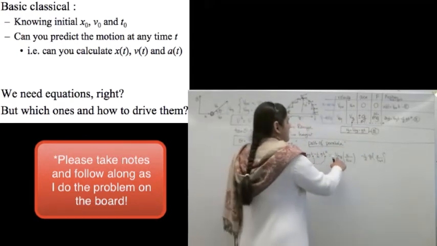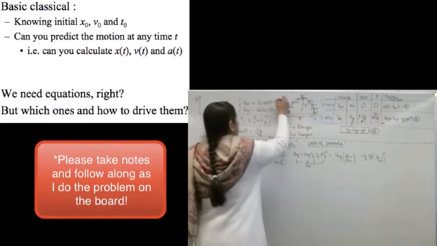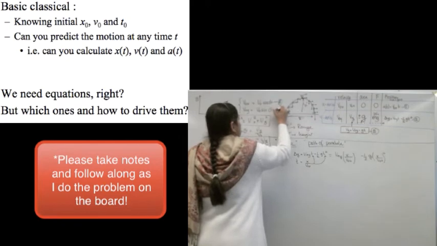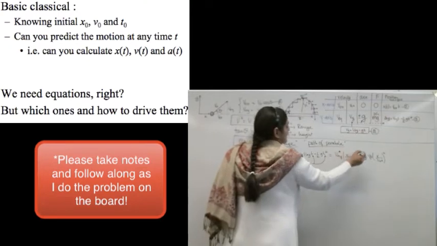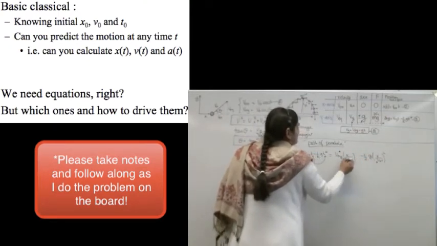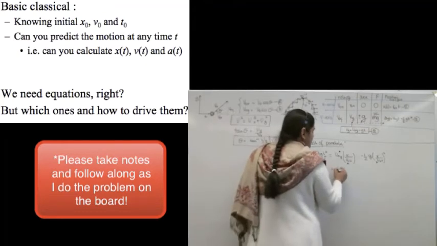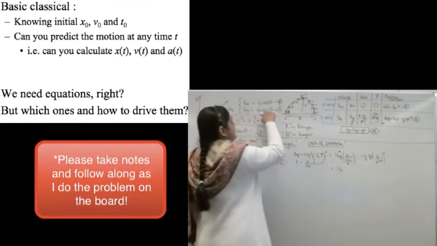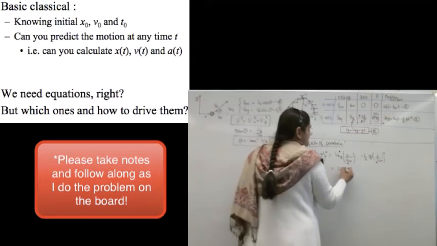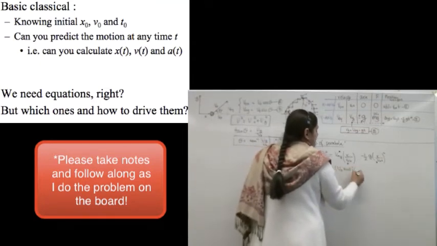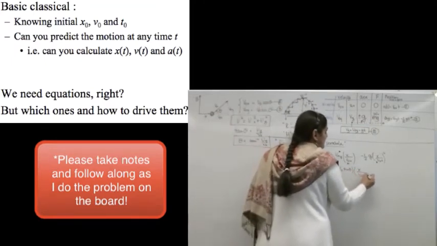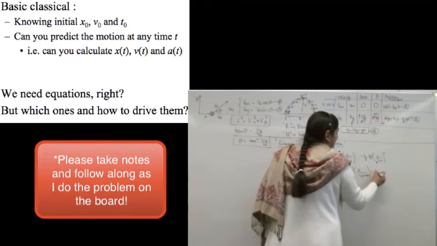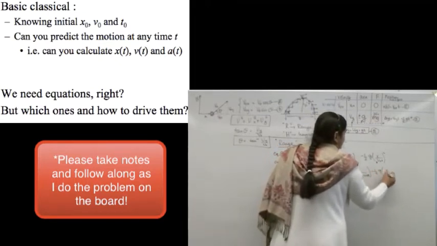Okay? Then I can use my equation A and equation B over here and plug those into this expression and that expression and that expression. Which gives me v0y is this. So v0y will be v0 sine theta times x over v0x, which is going to be v0 cosine theta, minus a half g x over v naught cosine theta squared. Okay?